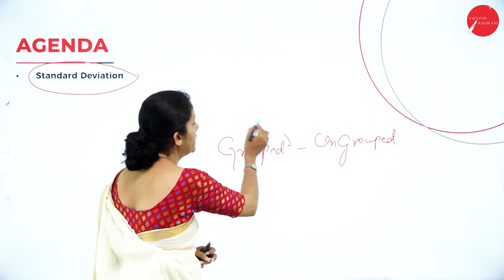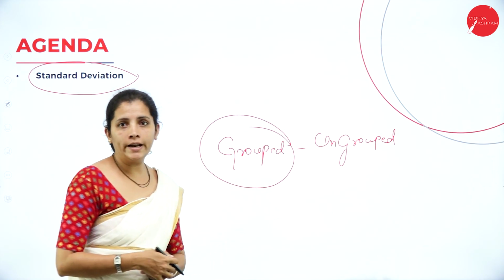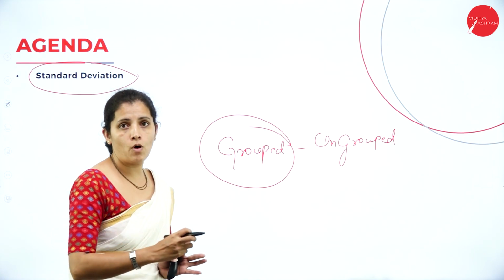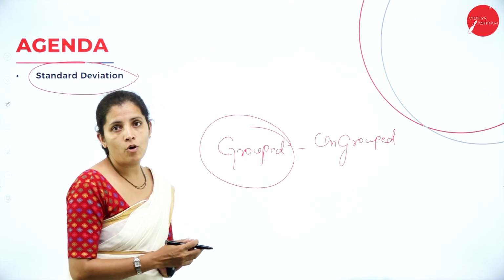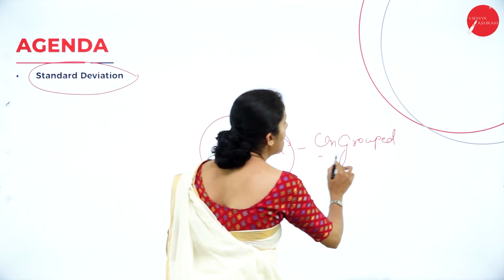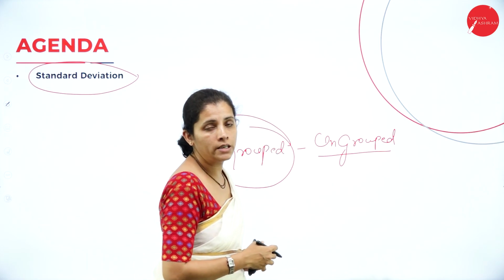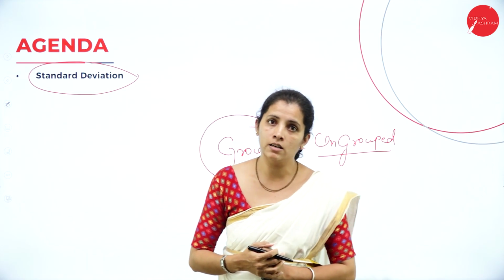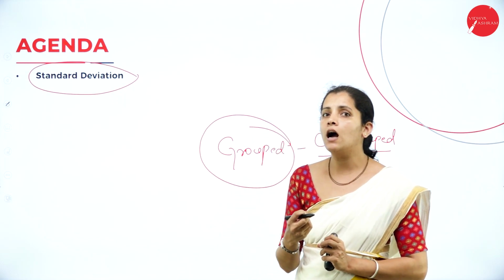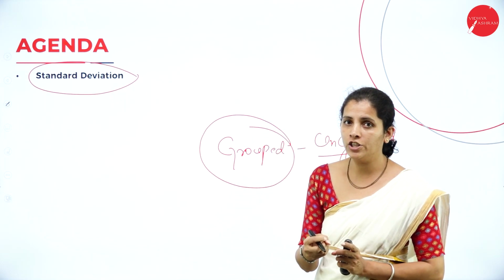So what is group data? Here all the data are organized or arranged in some order, in the form of ascending order. And if I consider ungroup data, all the data are scattered or dispersed. In the sense, all the data are not arranged.